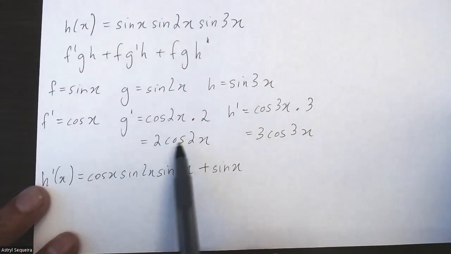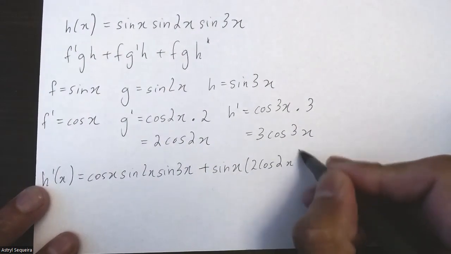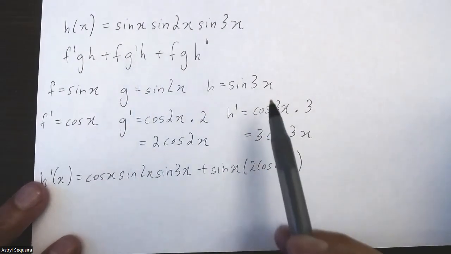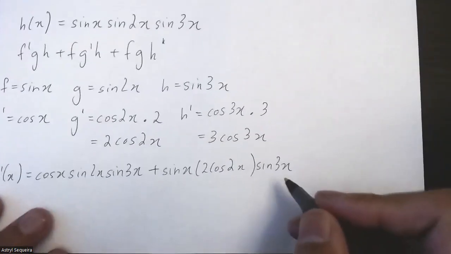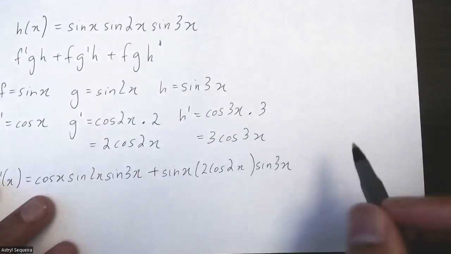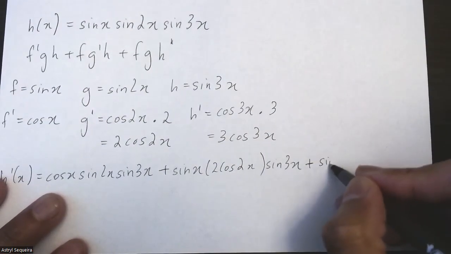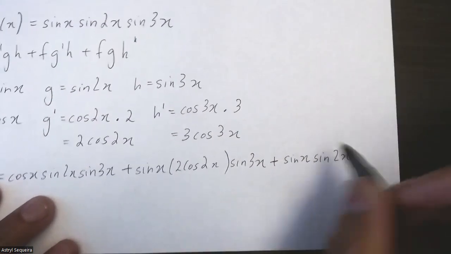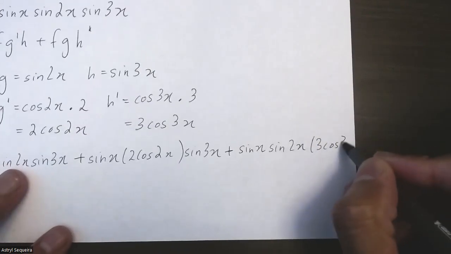G prime is 2 cos 2x, and then times h, which is just sine 3x. And then we have fg times h prime, so f is just sine x, g is just sine 2x, and h prime is 3 cos 3x.